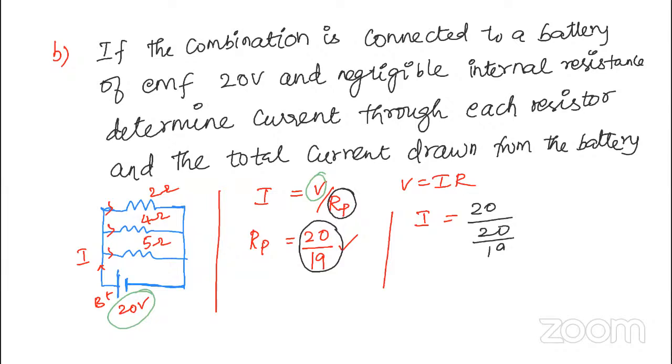So it is 20 into 19 by 20. Here it is cancelled. So I value is equal to 19 ampere. Okay, very good.